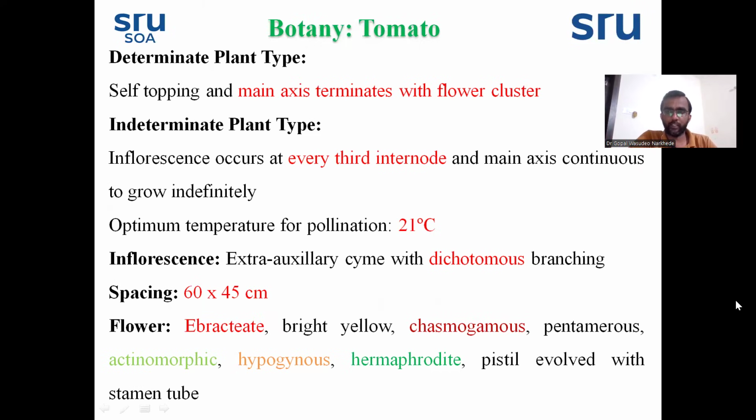Actinomorphic, as I already told you, you can divide the flower in two equal parts through any plane. You can give the cut through central axis through any plane. Hermaphrodite, that is nothing but bisexual.